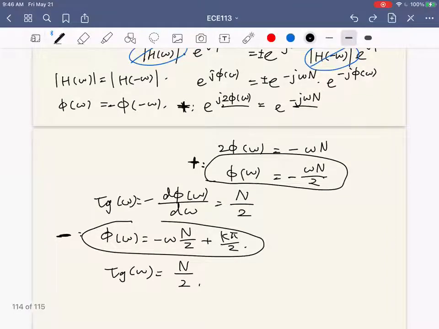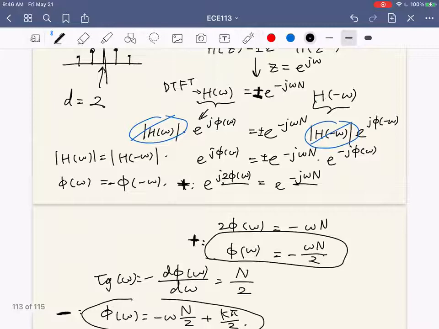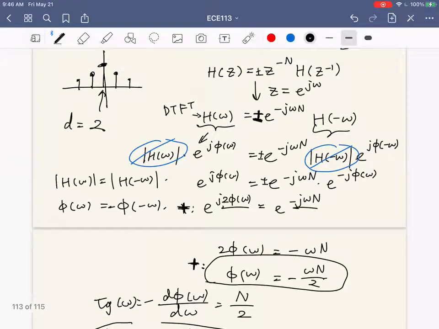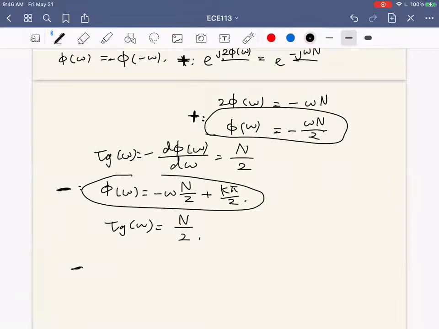K pi. When you say if it's negative, are you talking about H, like the z-transform, or the original h of n itself? Okay. So positive means the original h of n is symmetric, because when it's symmetric, we have this.